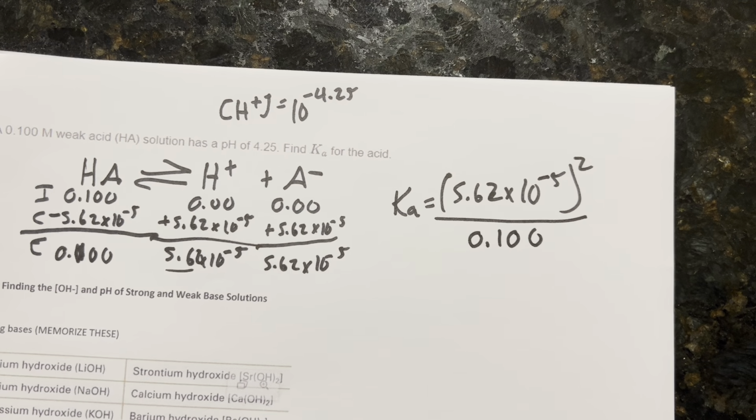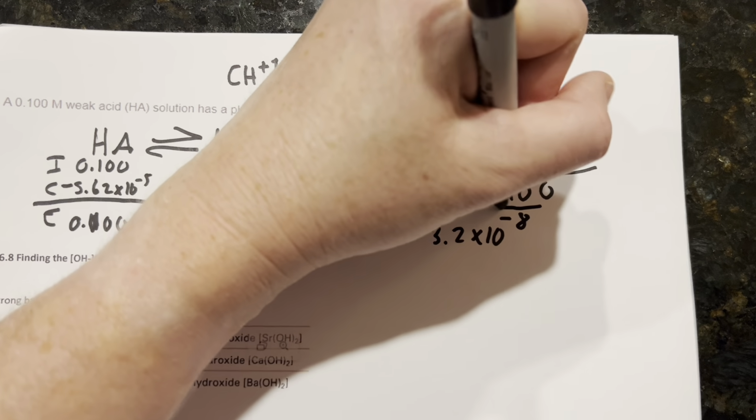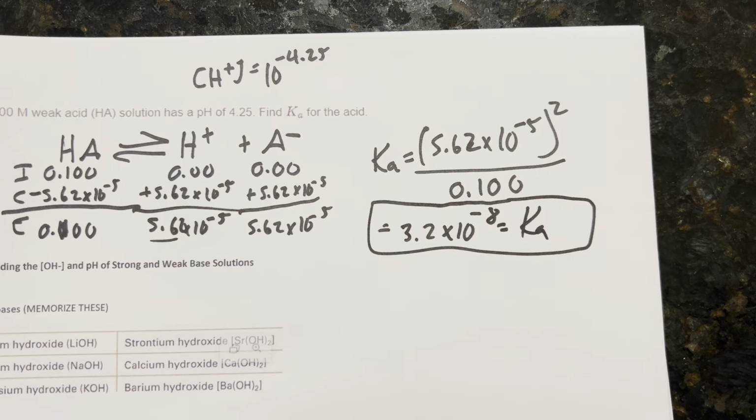All right, I'm going to take this answer, square it, and divide it by 0.1. I get an answer of 3.2 times 10 to the negative 8. That is going to be our Ka.